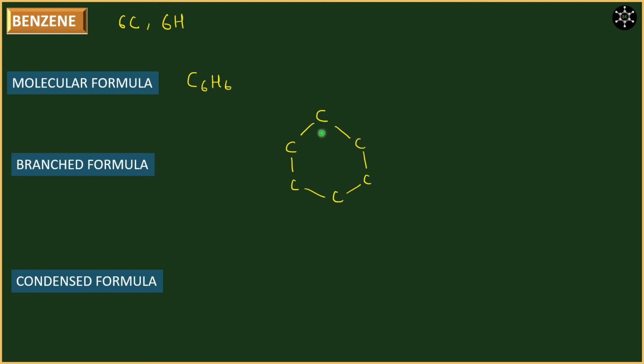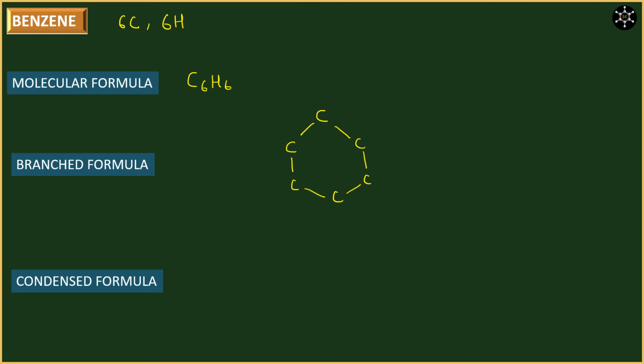Then on the alternate position, there will be a double bond. If I place a double bond here, then this will be single bond, double bond, single bond, double bond, single bond. If I make this as a double bond, then this is double bond, single bond, double bond, single bond, double bond, and single bond.